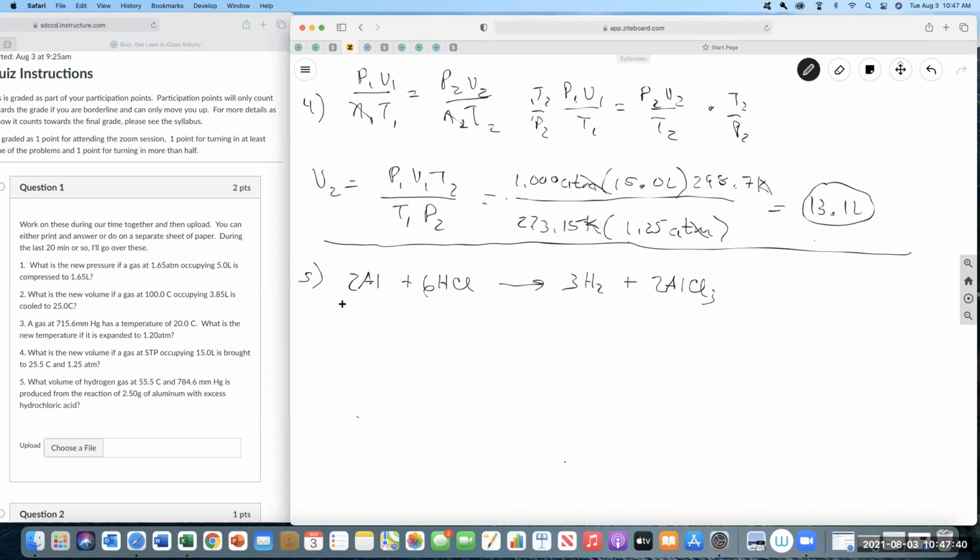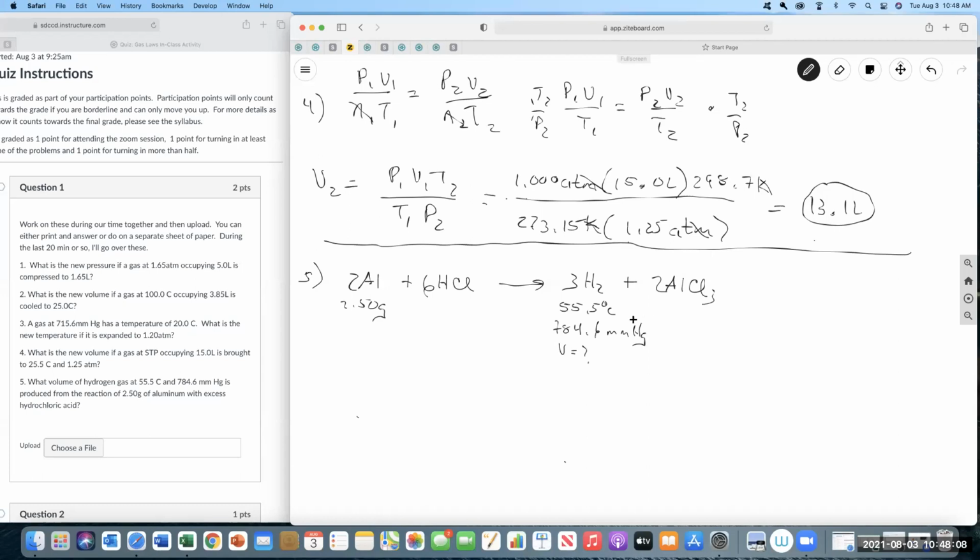We're told we have 2.50 grams. This is excess, so it's not a limiting reactant question. This is at 55.5 degrees C and 784.6 millimeters of mercury. And we want to find the volume.